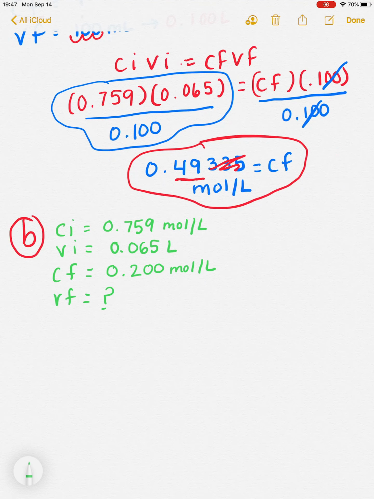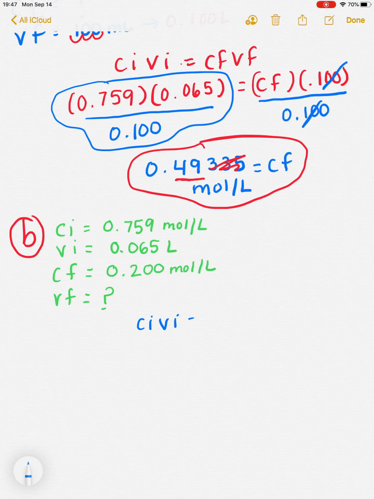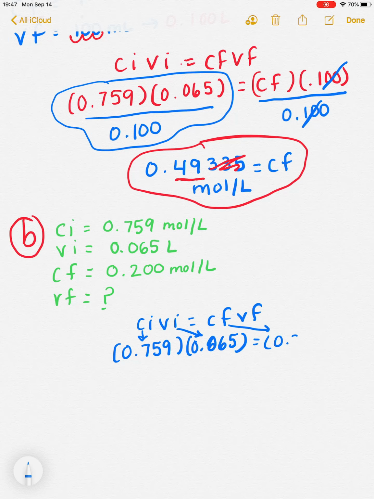So now we can again plug this information into our formula to solve. So CI VI is equal to CF VF. Plug our pieces of information into the formula. So our CI, right there, times our VI, is equal to our CF times our VF, which we don't know.